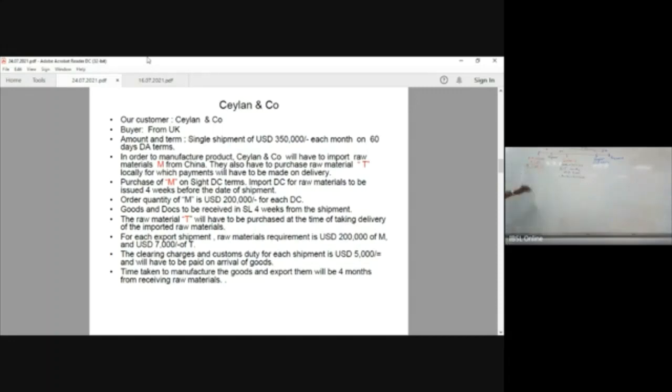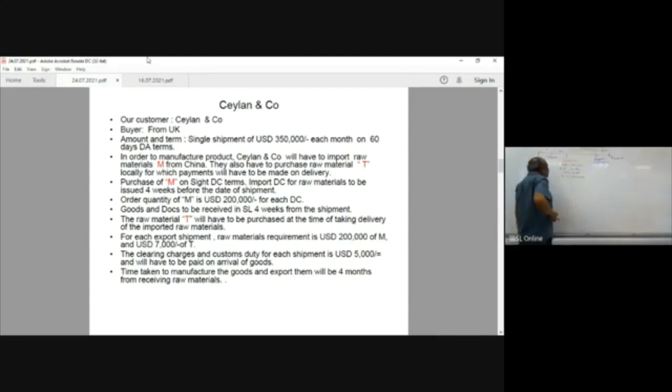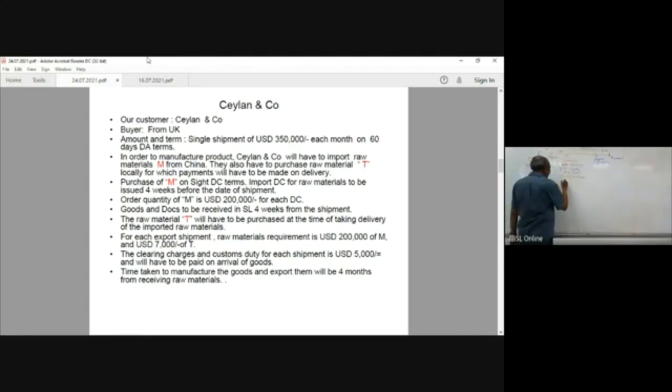Then a short-term import loan facility, IML facility, for sight payment method. Short-term import loan facility of $200,000.